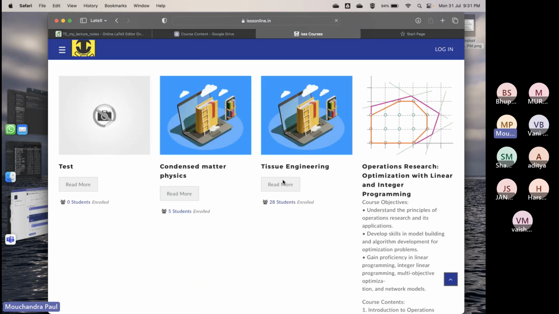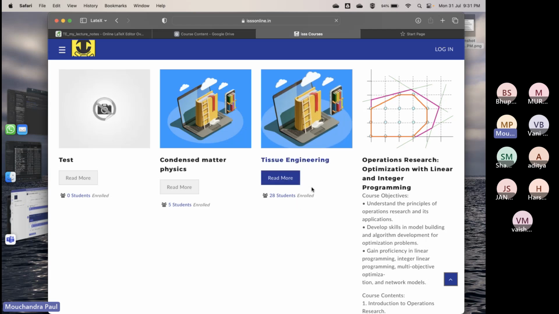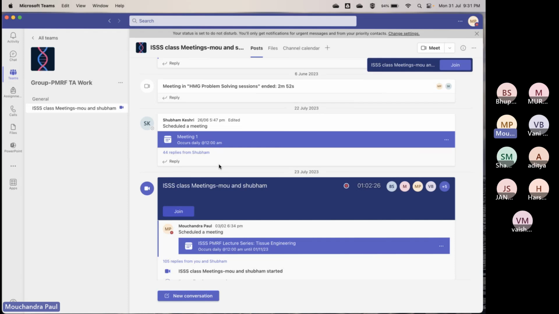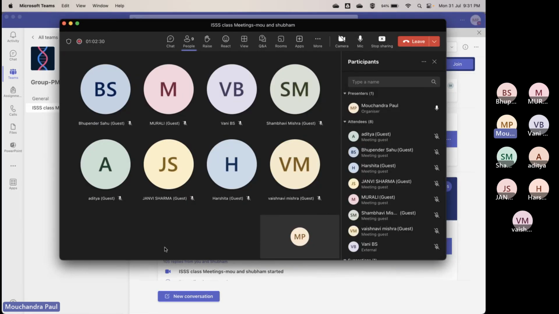This kind of flexibility is offered by the ISIS portal, and I want you guys to explore it a bit more. I've also seen that many of you have not even logged in, because as an instructor I get the option to see how many people have opened a file.